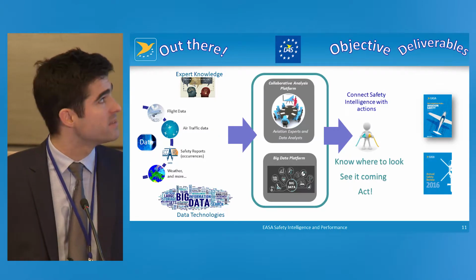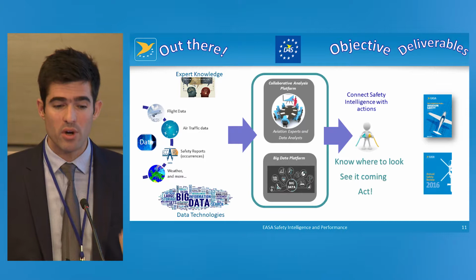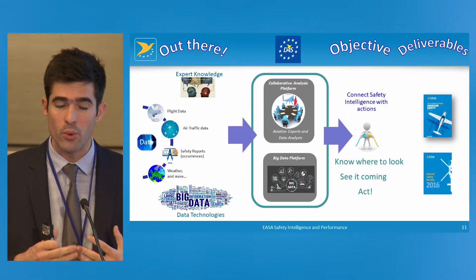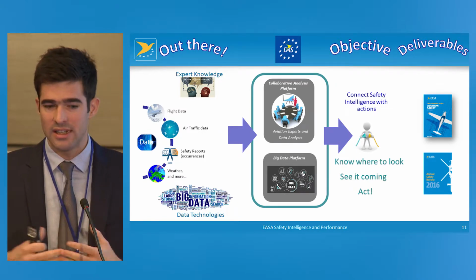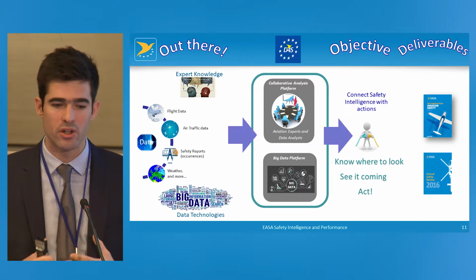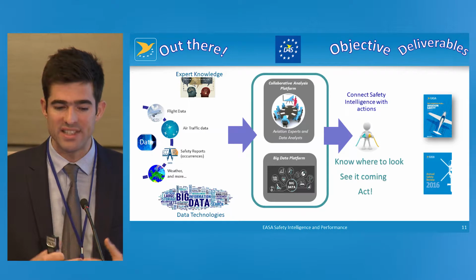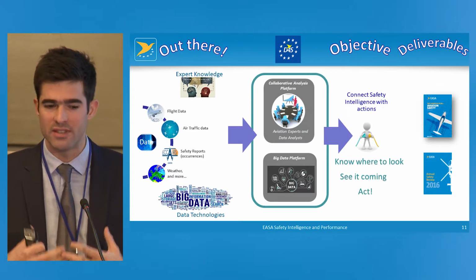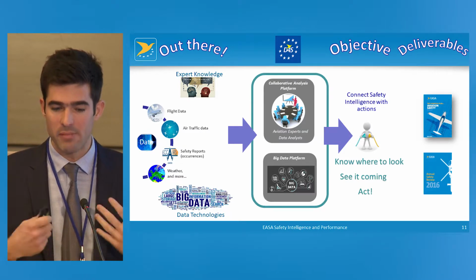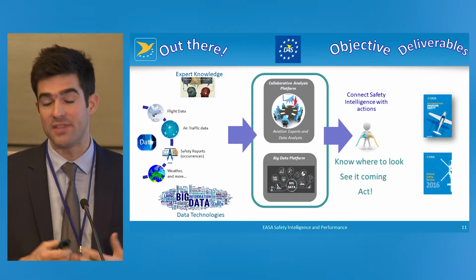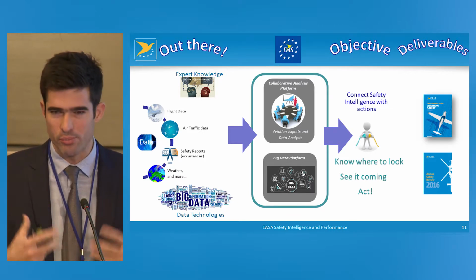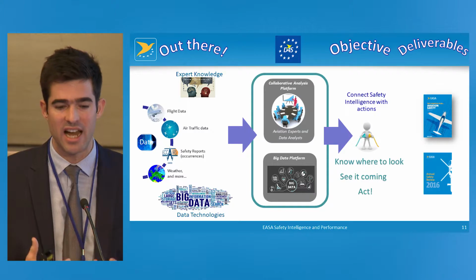On the top side of the slide, the collaborative analysis platform is really about people, experts, organizing the collaborative work of those experts and giving them access to this big data platform with both the technologies and the data, so that we can produce and extract safety intelligence ready to support the definition and implementation of mitigating actions.